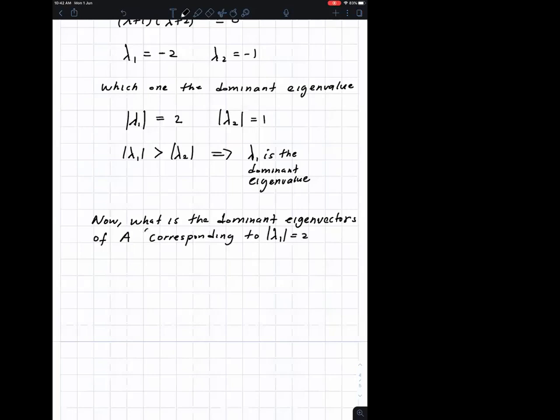The dominant eigenvector is defined to be the eigenvector corresponding to the dominant eigenvalue. So you go and find the eigenvalues first, and then decide which one is the dominant one, and then you find the eigenvector corresponding to this eigenvalue.